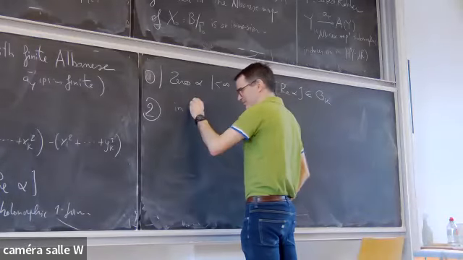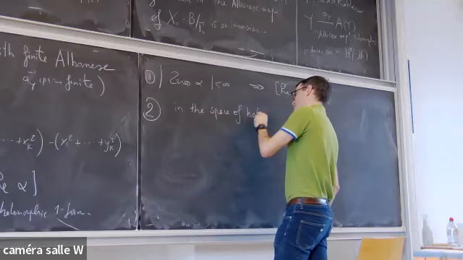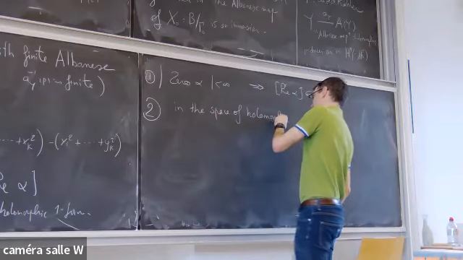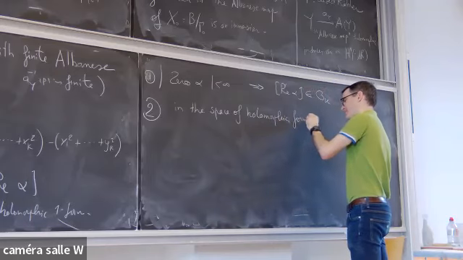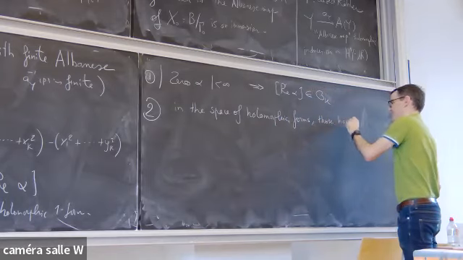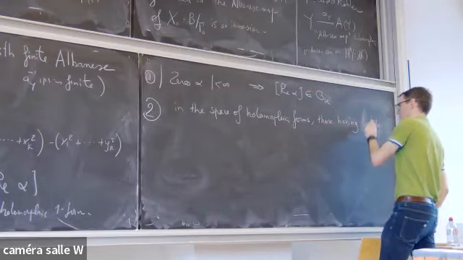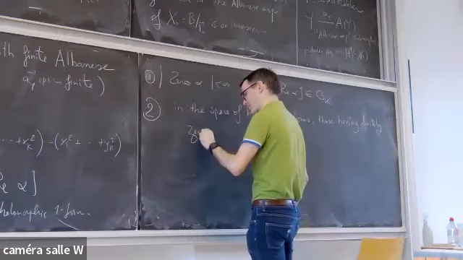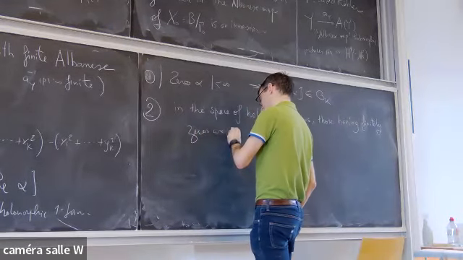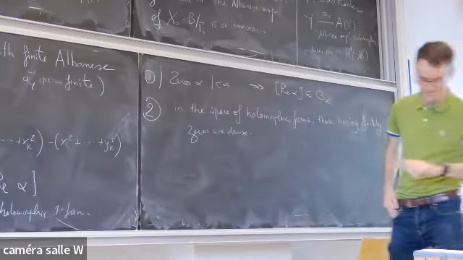And in the space of holomorphic forms, with having finitely many zeros, and why is this true? Okay, I will stop here.